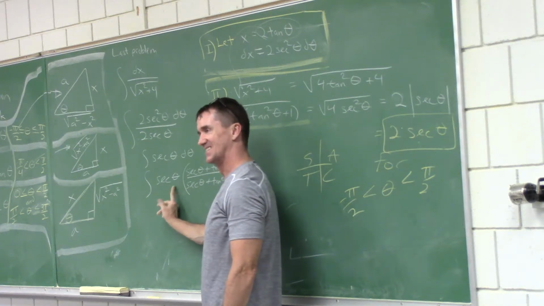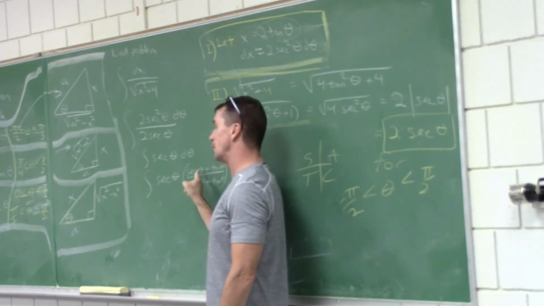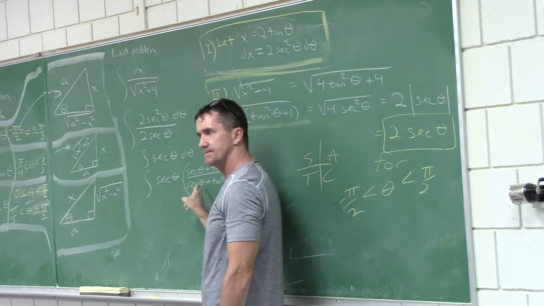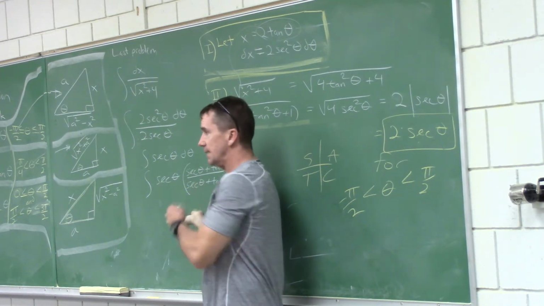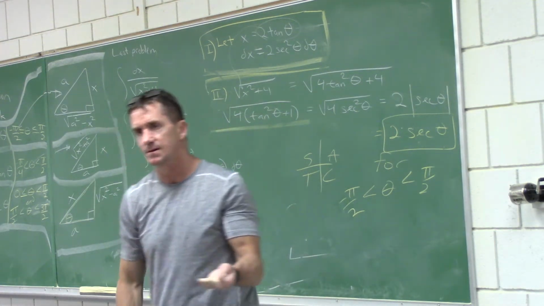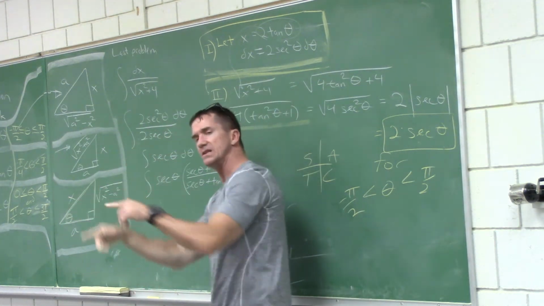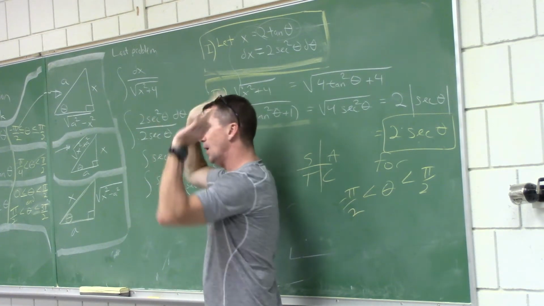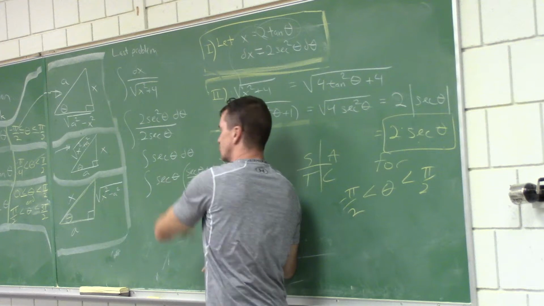I'm multiplying by the number 1, by the identity property. The reason I'm doing this will allow us to get this integral. It's a manipulation trick. It's explained in the book, but if you looked in the book, you might think, I've got to memorize a formula for the integral of secant theta. No, just know to do this little trick.